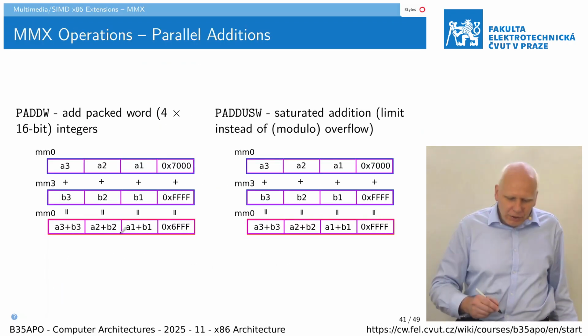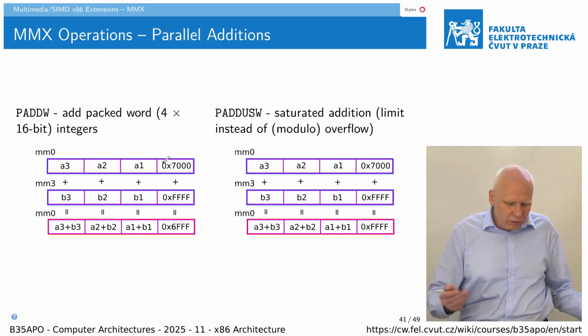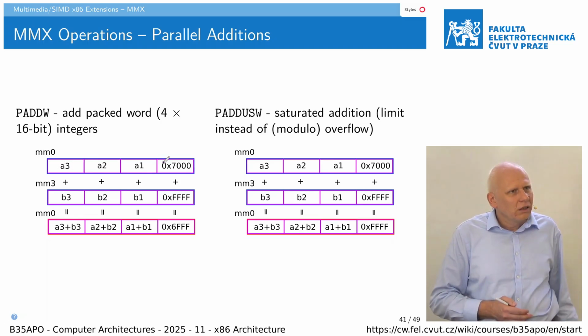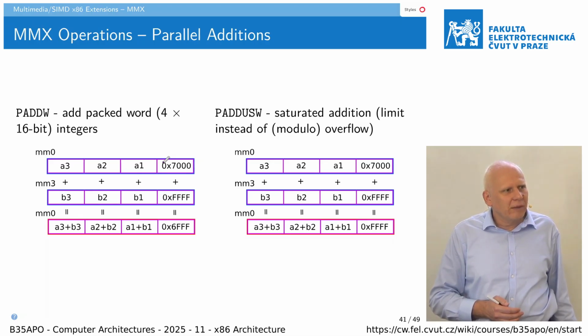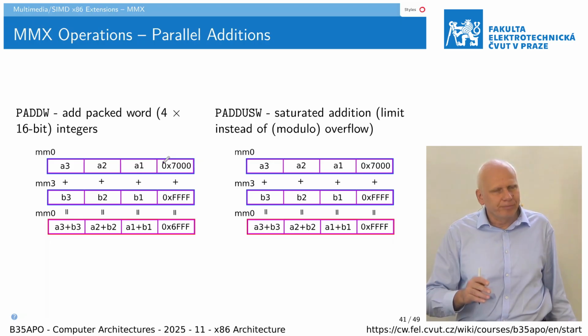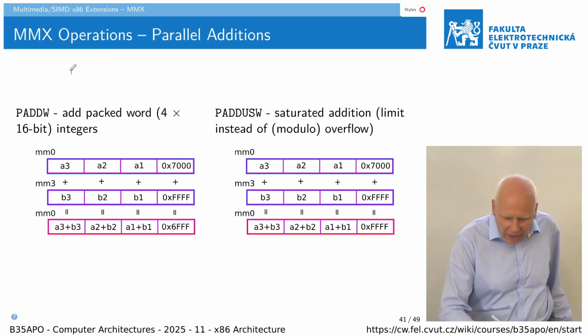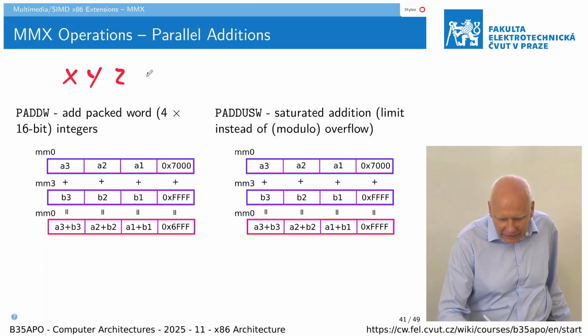So for example, you can add vectors. If you use a homogeneous system of 3D space vectors, if you know it, it is used in games and so on. Basically you have x, y, z, and the 1.